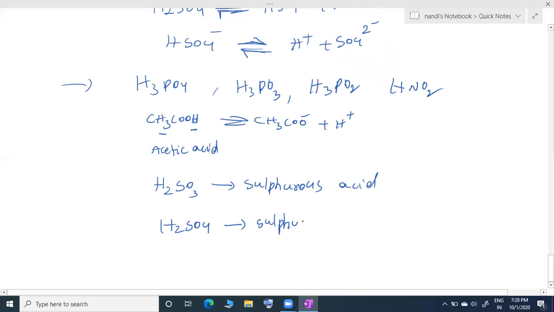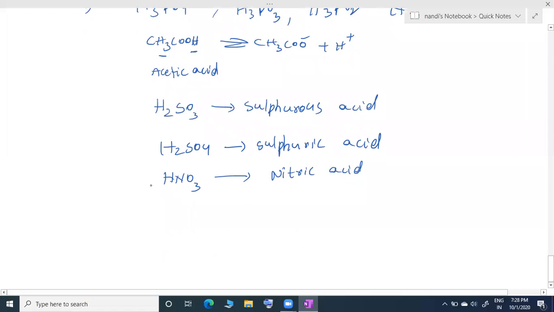Same with HNO3, this is nitric acid. HNO2, nitrous acid. H3PO4, phosphoric acid.